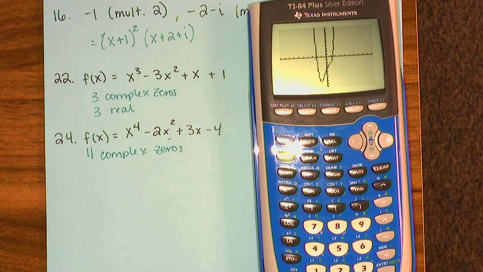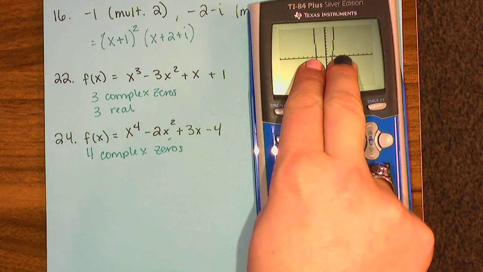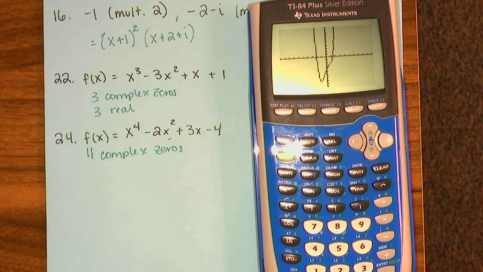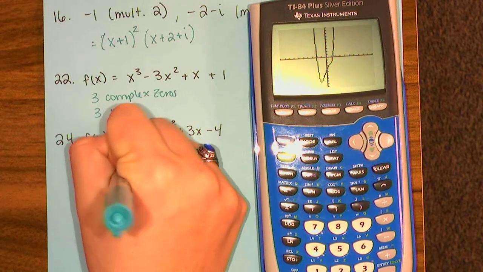Alright, so what do we notice about this one? Yes, there's only 2 real zeros because it only crosses the x-axis twice. Okay, it has other zeros, but they're non-real ones. So there's only 2 real in this scenario.